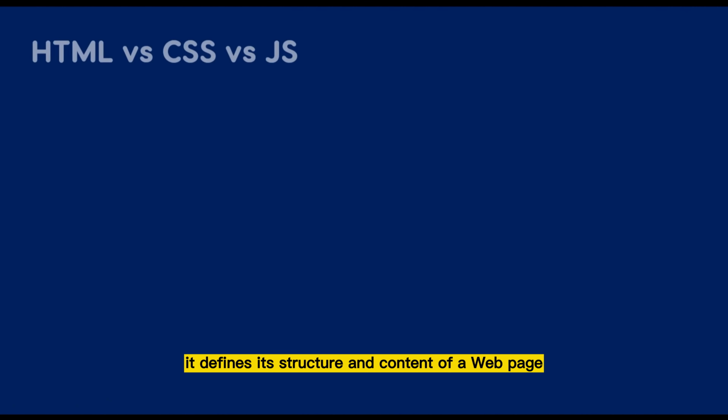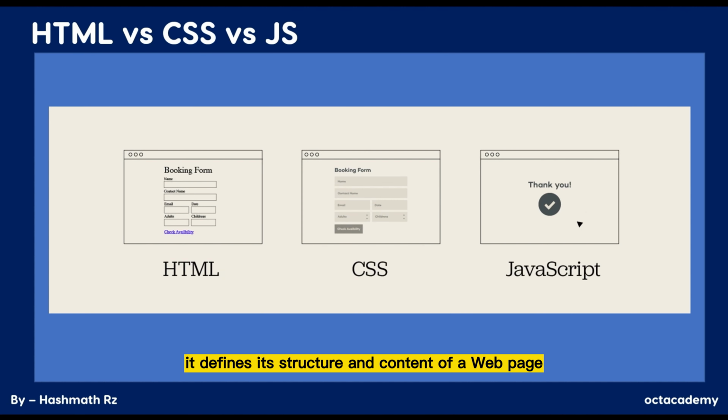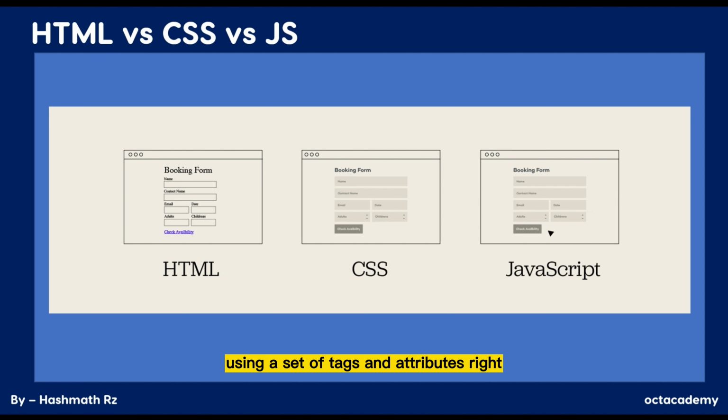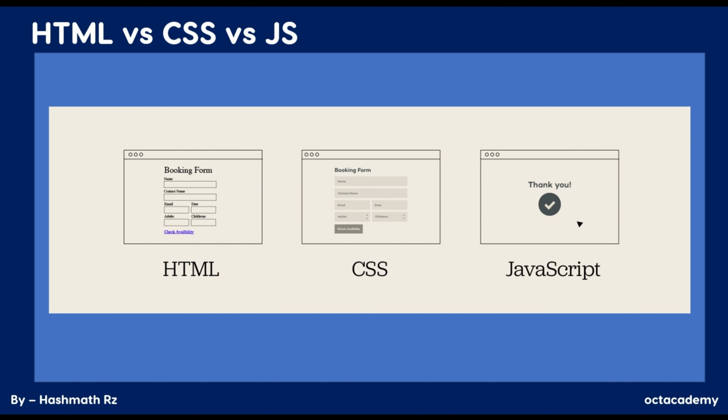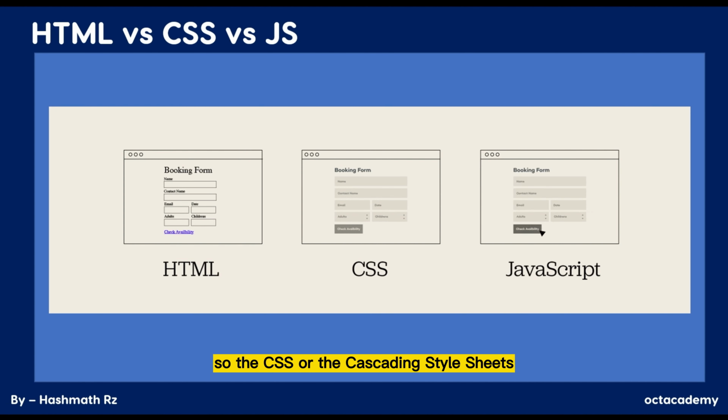It defines the structure and content of a web page using a set of tags and attributes, right? So CSS or cascading style sheets is a style sheet language used for describing the look and formatting of a document written in HTML. It allows you to specify things like colors, fonts, and layouts for your web page.